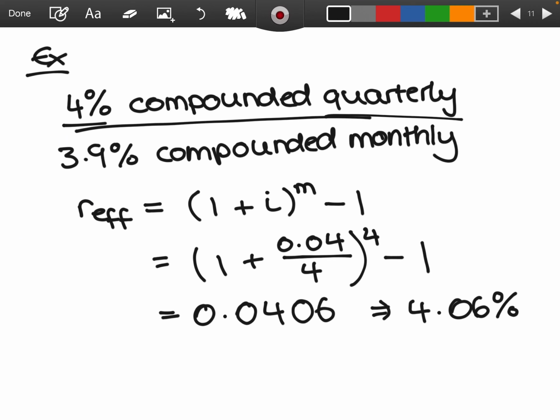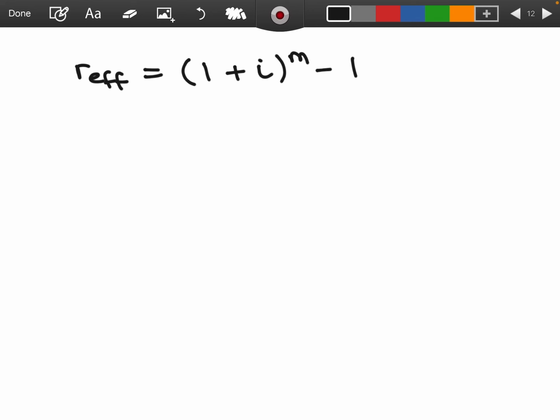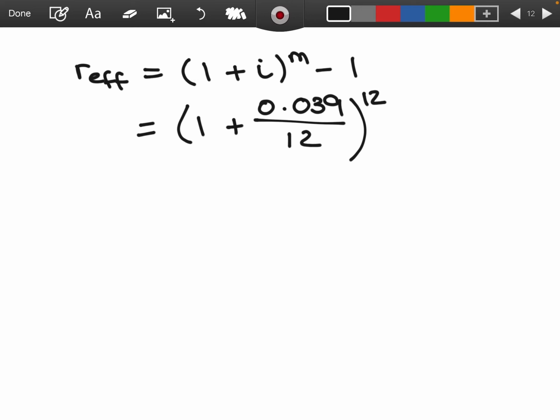This time, my i is 3.9% divided by 12. My interest rate is 3.9% divided over 12 periods. So it would be 1 plus 0.039 divided by 12. So that would be my interest rate per period.